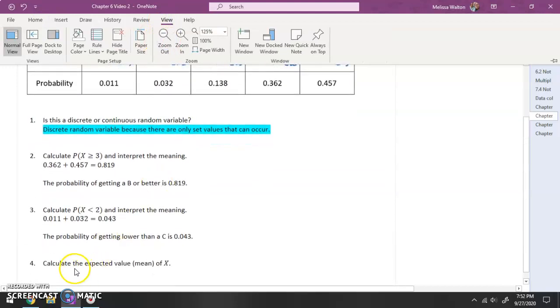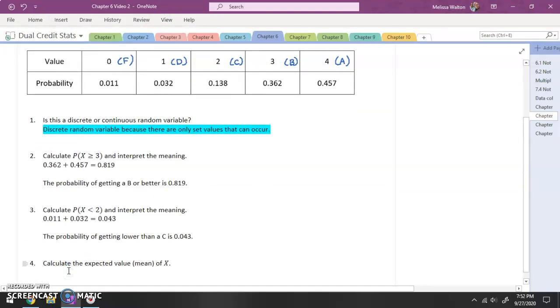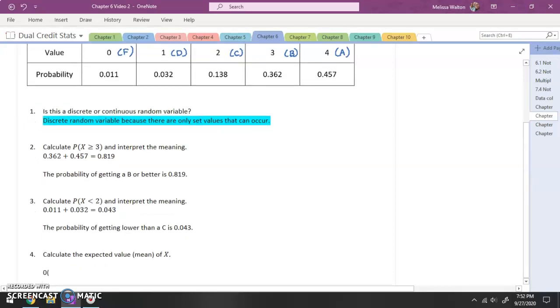So first possible value, and I guess I really don't even need to type this one, but the first possible value you could have is 0, and the probability of getting that is 0.011. Plus, the next value is 1. The probability of getting a 1 is 0.032, plus 2. Probability of getting a C is 0.138, and plus 3 times 0.362.